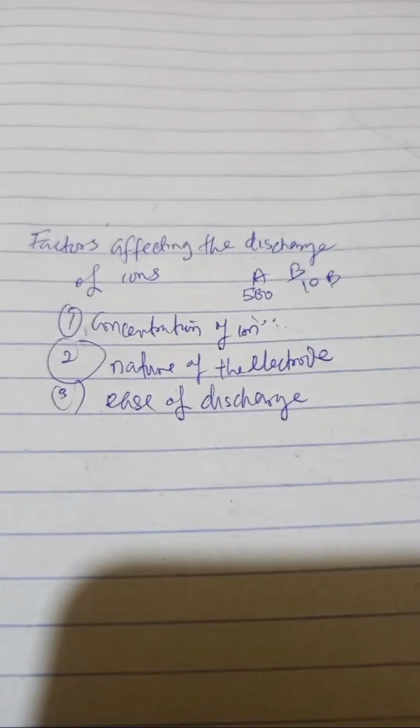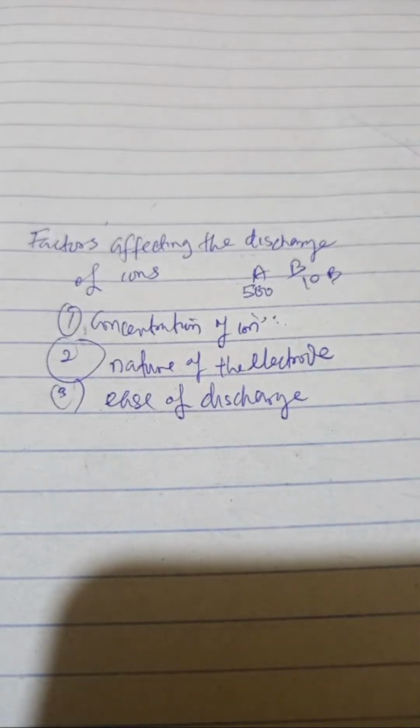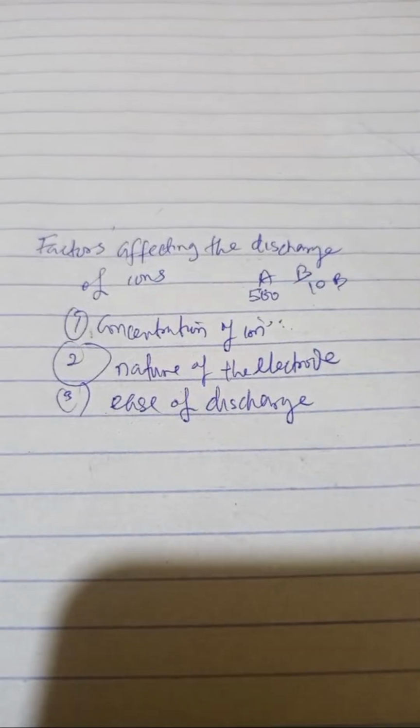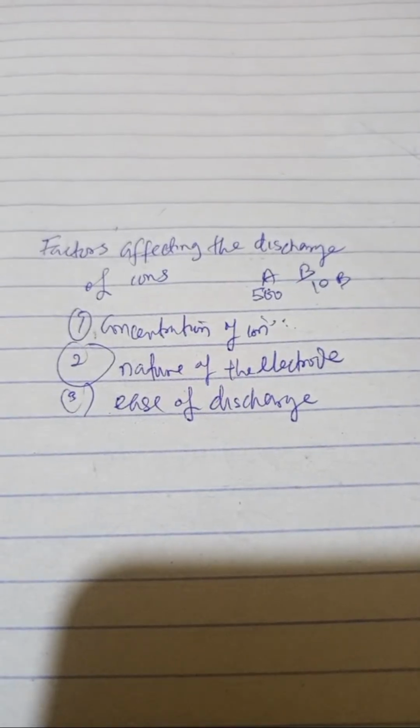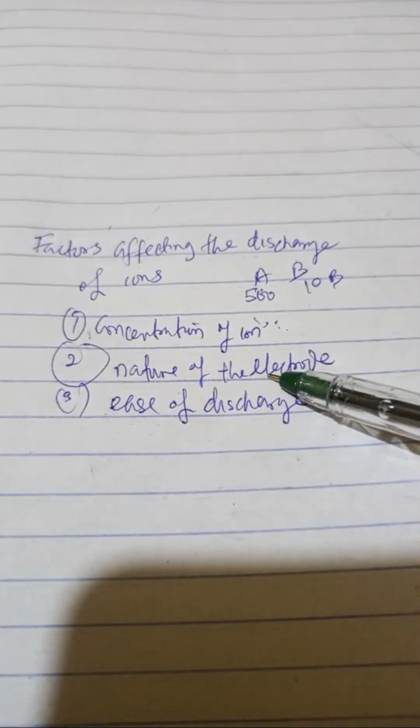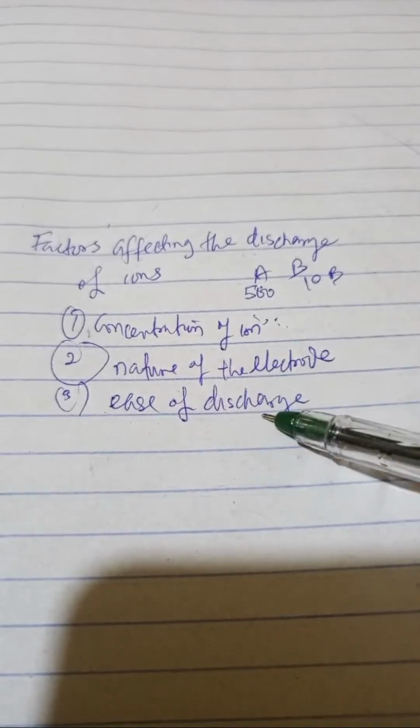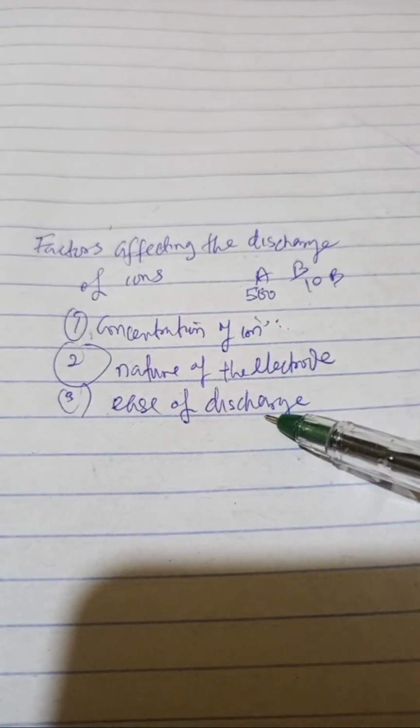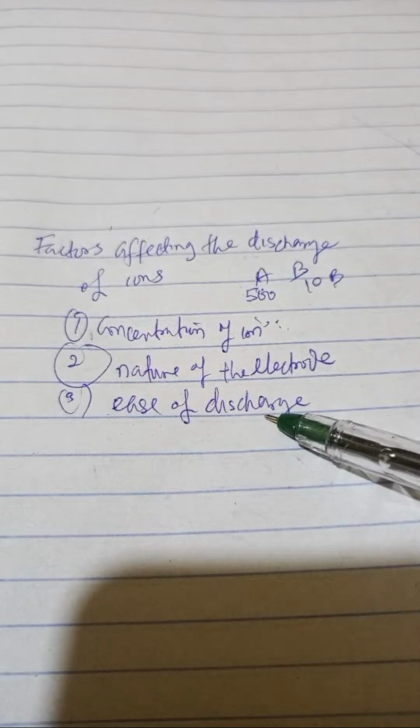The one with higher concentration will be discharged. The second one is the nature of the electrode. But before I explain that, let me do the ease of discharge. For the ease of discharge, you need to use what is called the electrochemical series.